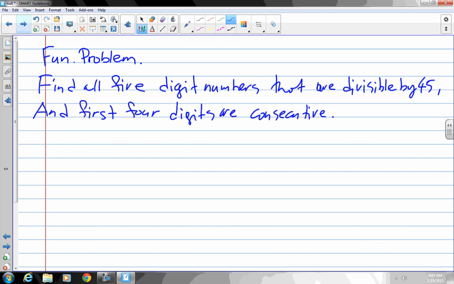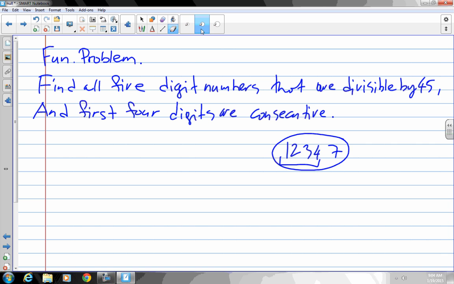Because remember, it's a 5-digit number. So, for example, 1, 2, 3, 4, 7. First 4 digits are consecutive, and the whole thing is divisible by 45. Probably not this one, because I just totally made it up. But that's the idea. The first 4 are consecutive, the last one, whatever. But the whole thing is divisible by 45. Does that make sense? I want to find all numbers like that.